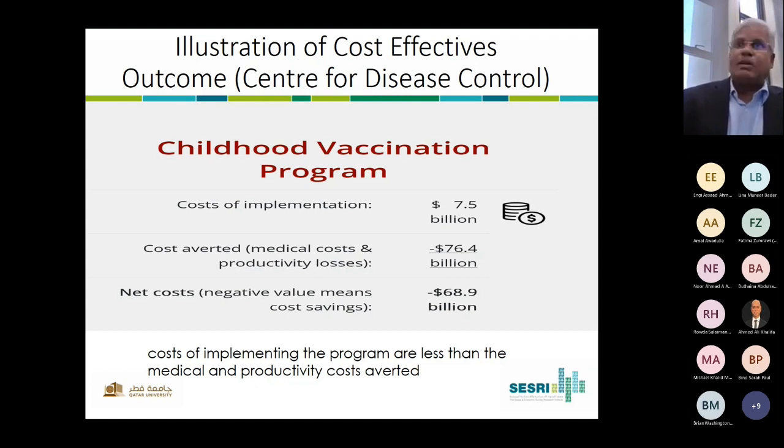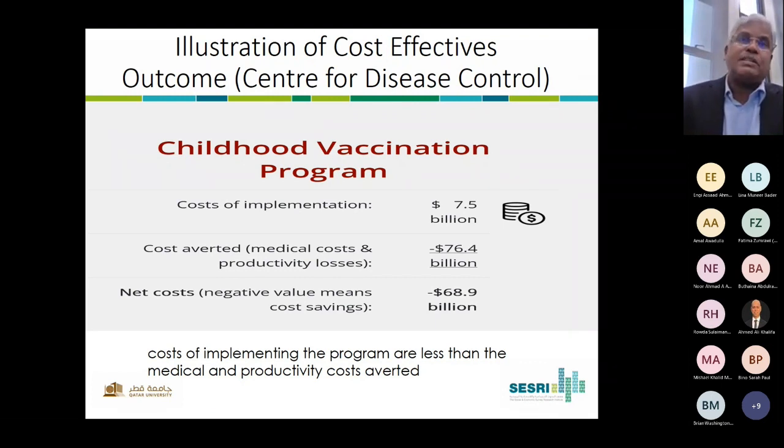So this is the worldwide cost of implementing. For vaccination, there is a cost for each of the vaccinations. The cost averted is negative 76, so the net cost is negative.